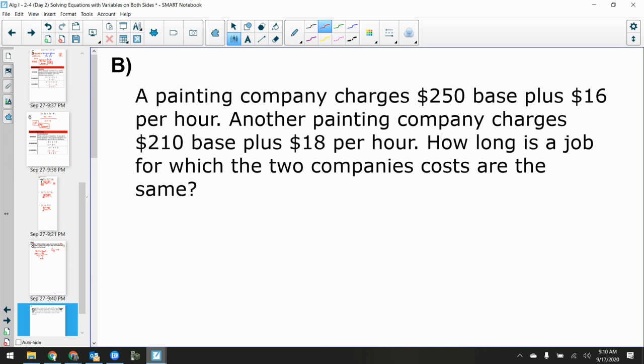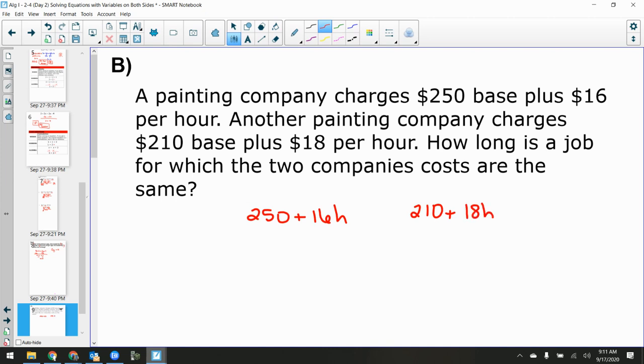Okay, so place A charges $250 plus an additional $16 per hour. That's the expression that represents the total cost for the first place. The second place charges $210 base, probably like the paint and the setup and everything, plus $18 per hour.